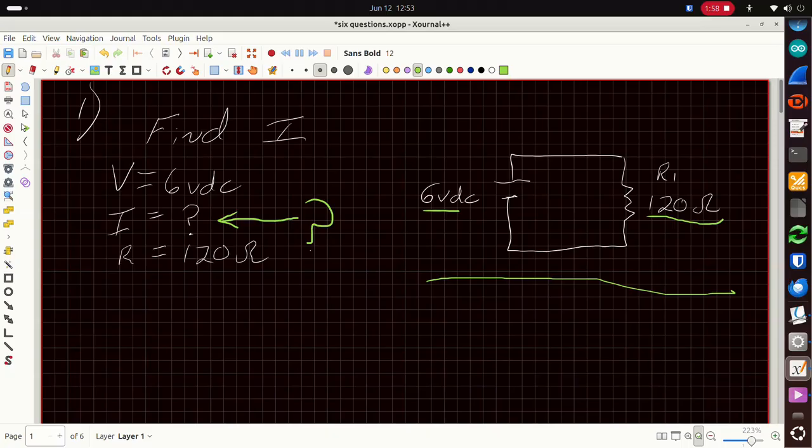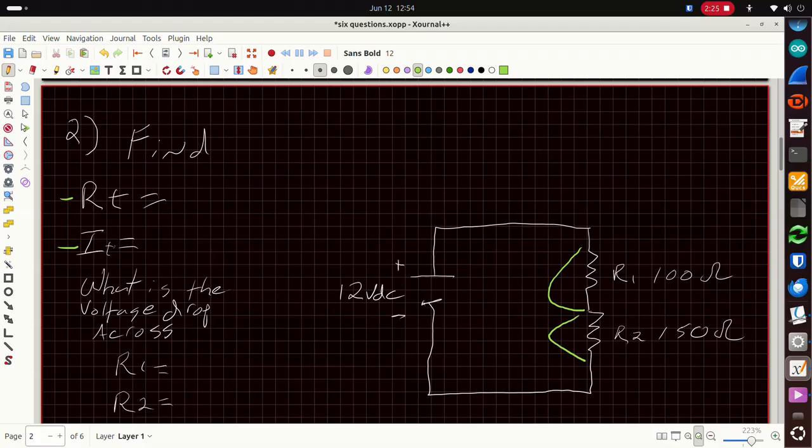Question 2. Find R total, find I total, and what is the voltage drop across R1 and R2? So here we have a 12 volts DC circuit, and R1 is 100 ohms, R2 is 150 ohms, and we're trying to figure out what is the RT. Remember that I said RT is R total.